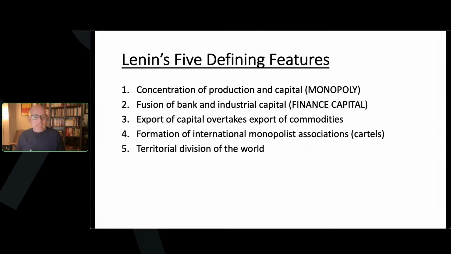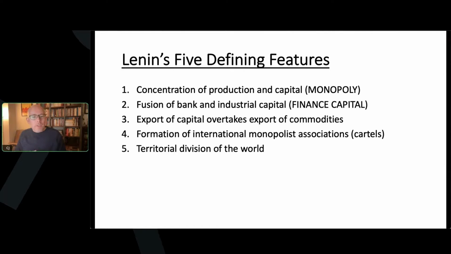Second, the fusion of banking and industrial capital. This is the period when you have a merger of what had been 2 distinct and separate sectors of the capitalist class. And this is what Lenin called the rise of finance capital, when banking and industrial capital merge.